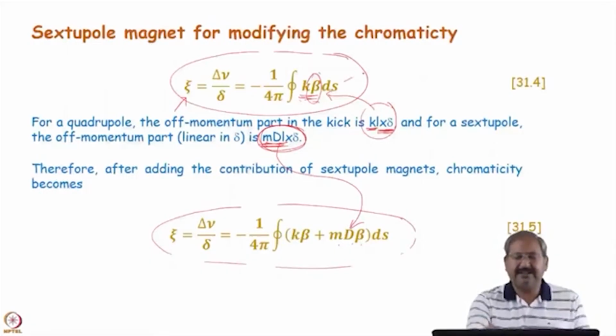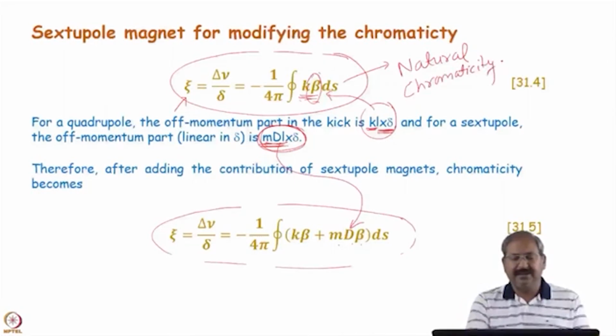Now you can see that this is the natural chromaticity because it is the chromaticity generated only by the quadrupole. So this is the natural chromaticity. And it is the chromaticity when we consider sextupole also.